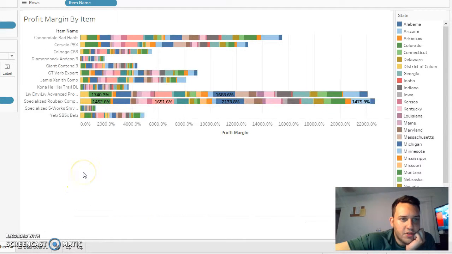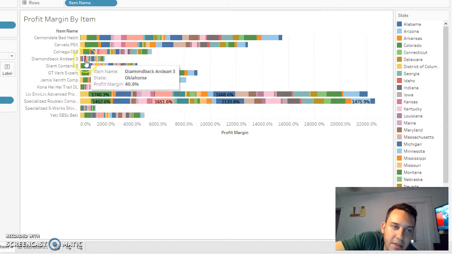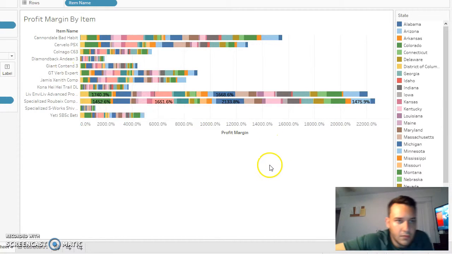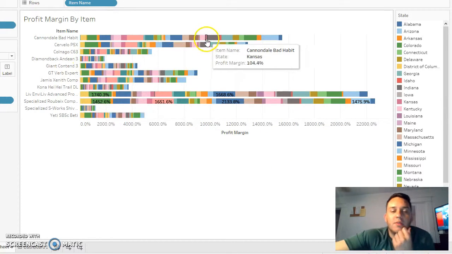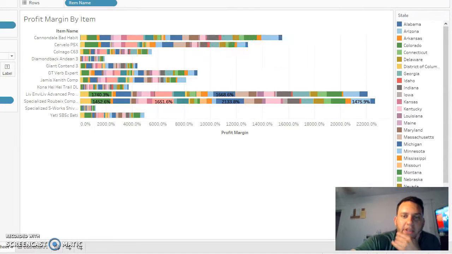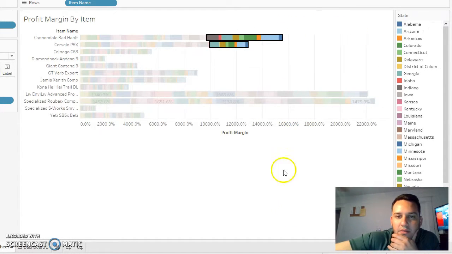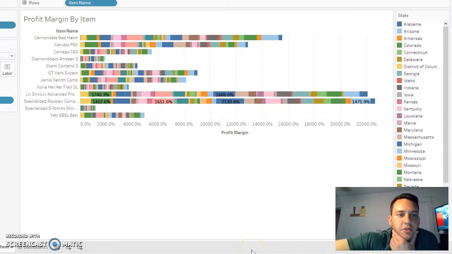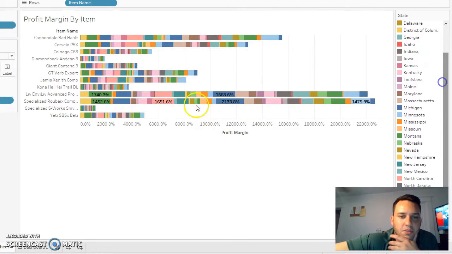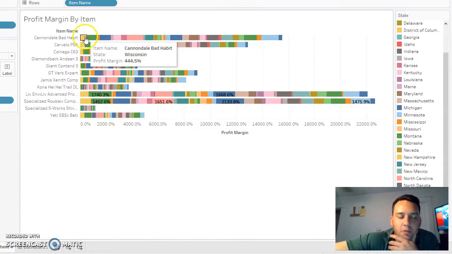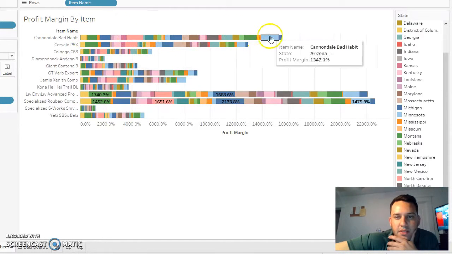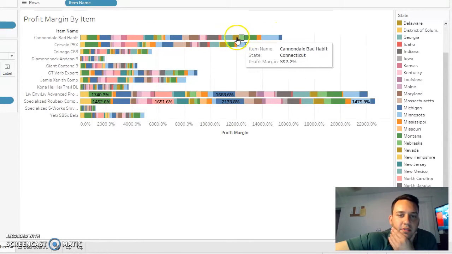Then my fourth sheet was the profit margin by item. This is important from a sales standpoint or a marketing standpoint. It's important because it shows you which items are the most profitable, and it also shows you by state what ratio of that profit is coming from each state.